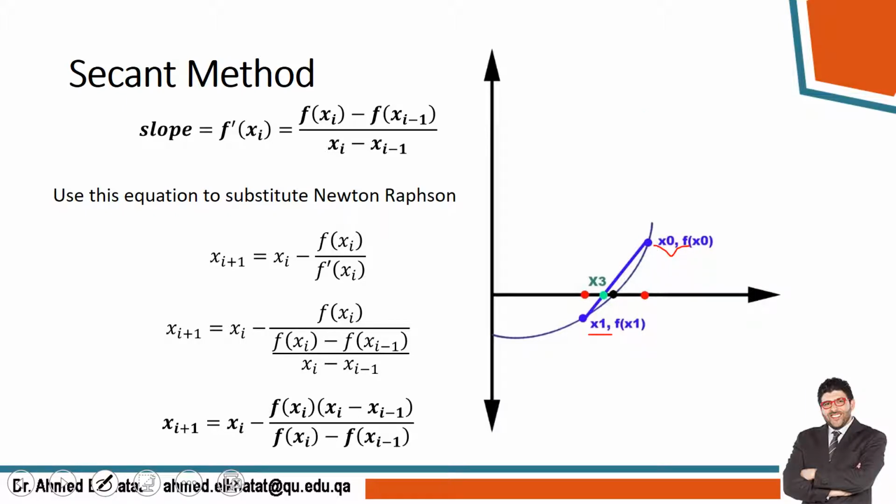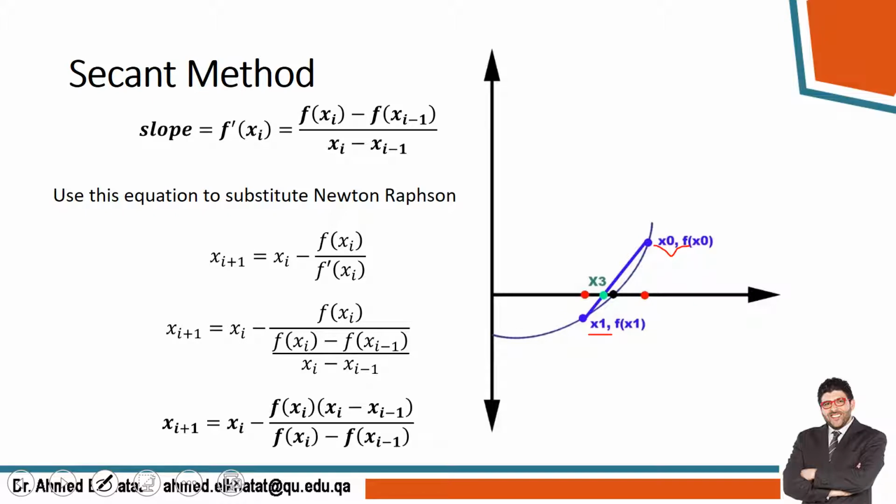They are not necessarily bracketing the root, because it's an open method. Secant is an open method, so there is no need to have them bracketing. So this is x naught and f(x naught), and this is x1 and f(x1).